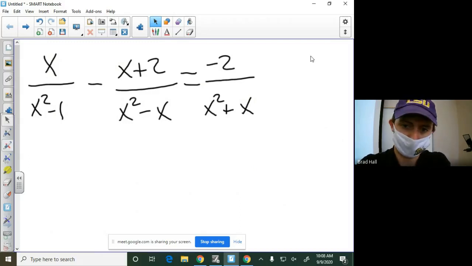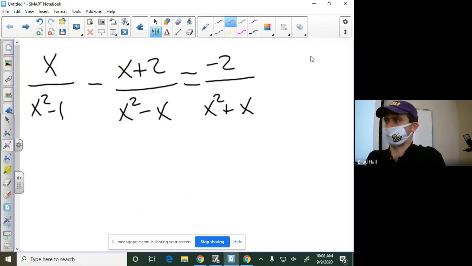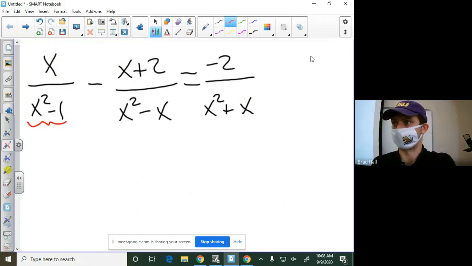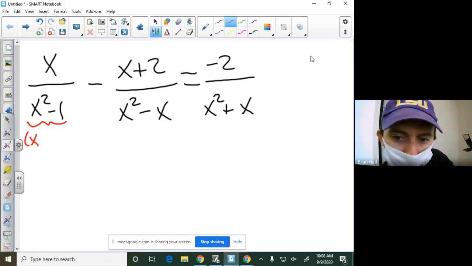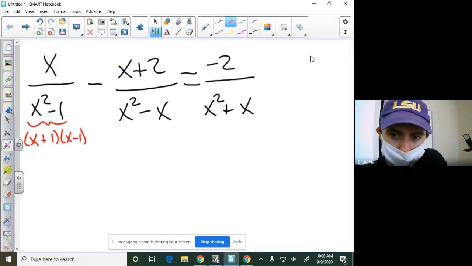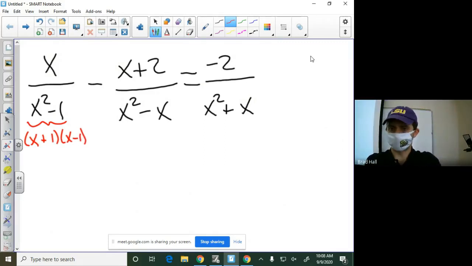The first thing I'm going to do is factor any denominators if I can, like I did in the previous problem. X squared minus 1 is a difference of two squares, as we mentioned before, except instead of x squared minus 4, it's x squared minus 1, which means we're looking at plus or minus the square root of 1, which is x plus 1, x minus 1.